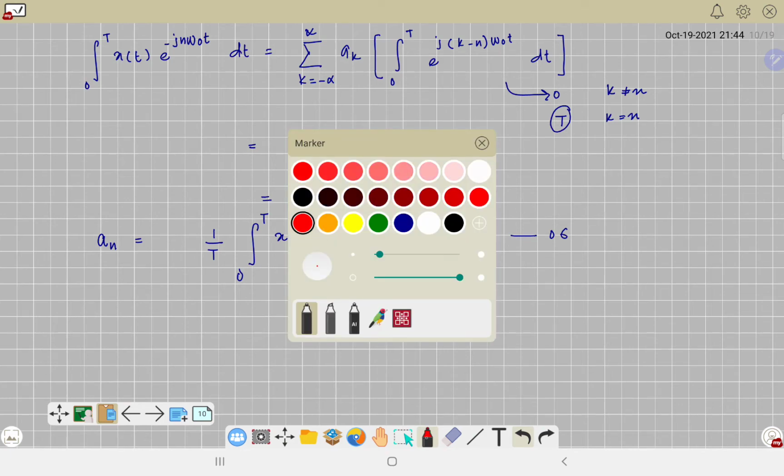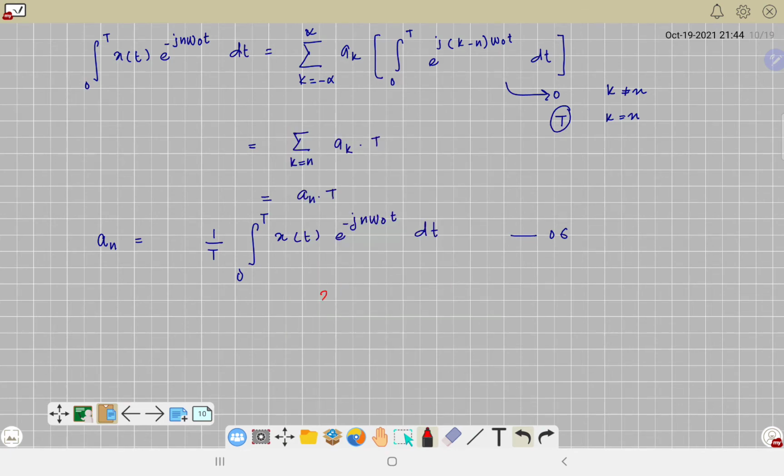Although mathematically they are different representations, physically they mean the same thing. Fine. So we have basically two equations now. To sum it up, we have the main Fourier equation where your x of t, provided it is periodic, this is an important condition, it has to be periodic, is the sum from k equal to minus infinity to plus infinity of a of k e raised power j k omega naught t.